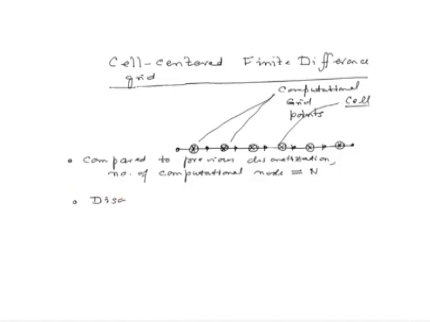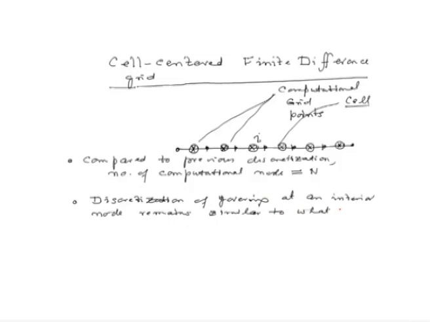So discretization of our governing equation at an interior node, let us call this interior node I, would be once again the same, similar to what we had derived earlier.